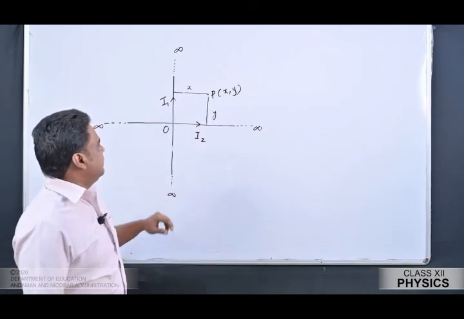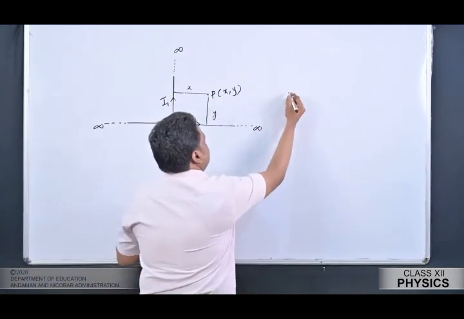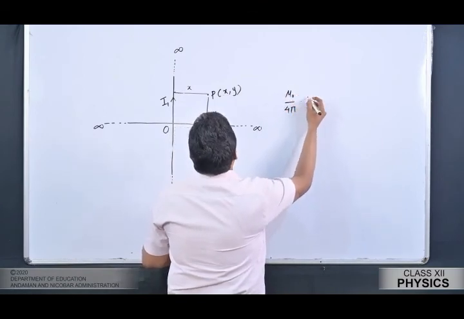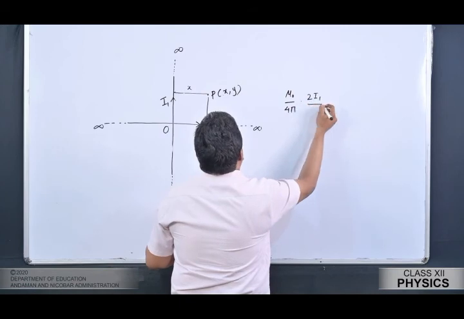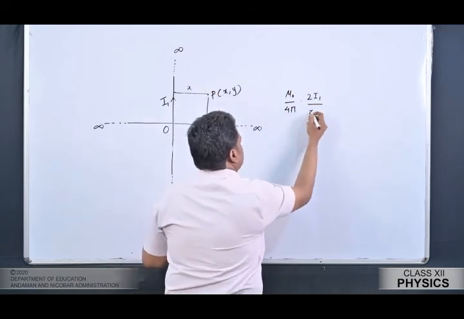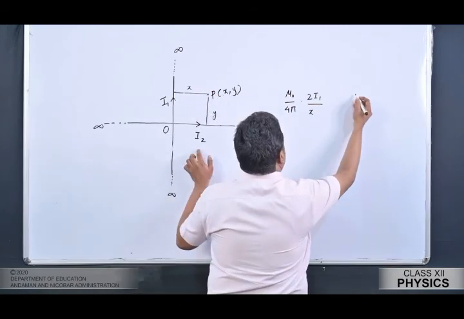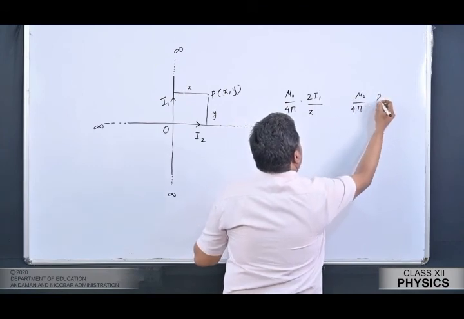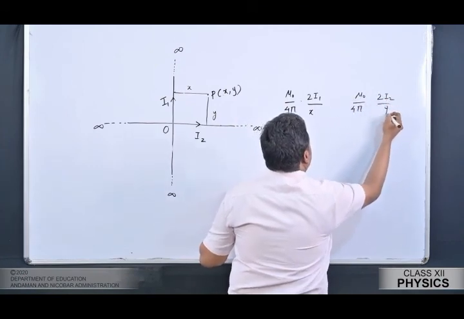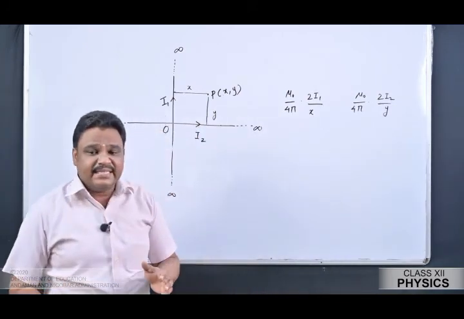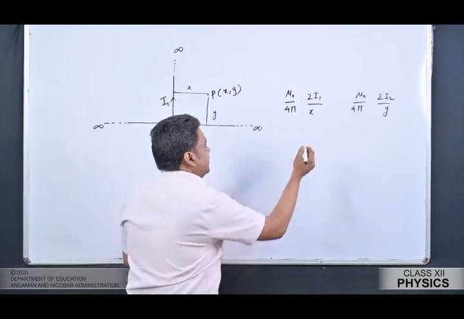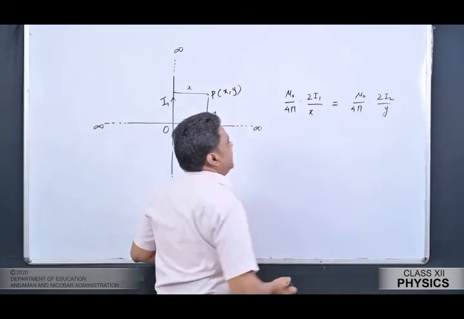So how do we start? What is the magnetic field due to the first wire? Mu naught by 4 pi 2 I1 by x, where the distance is x. The magnetic field due to the second wire is mu naught by 4 pi 2 I2 by y. Since the net magnetic field at the coordinate is 0, obviously they should be equal and opposite in direction and magnitude.